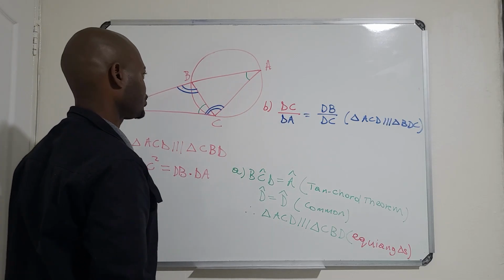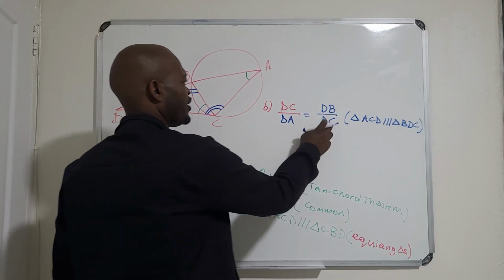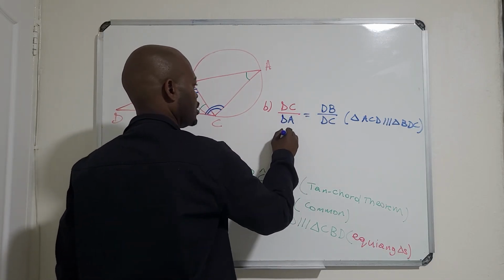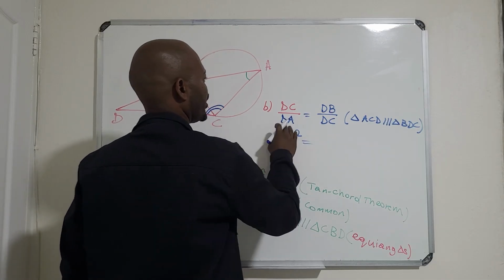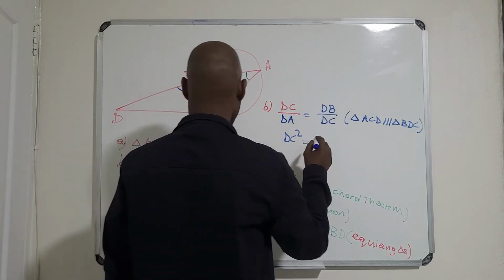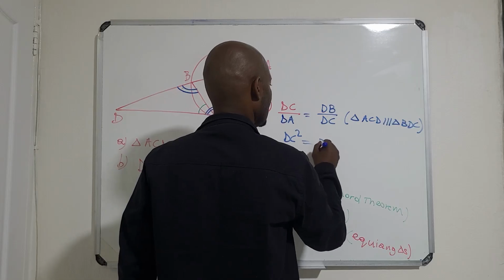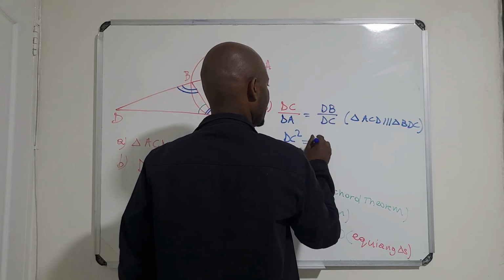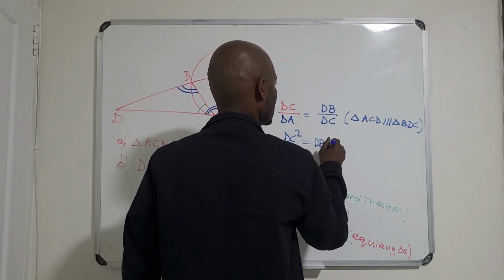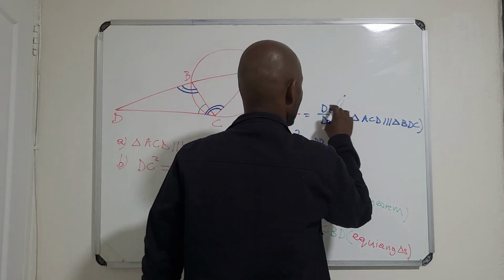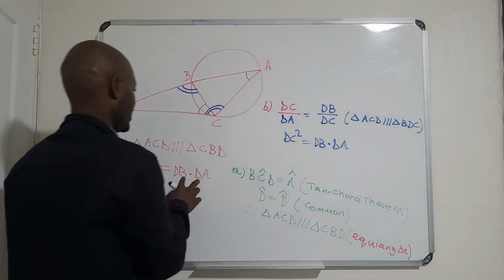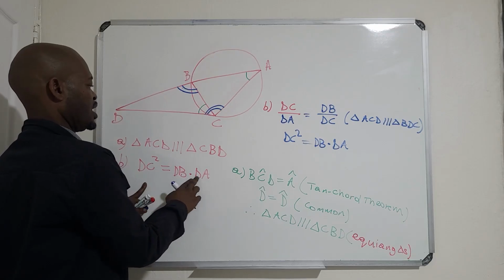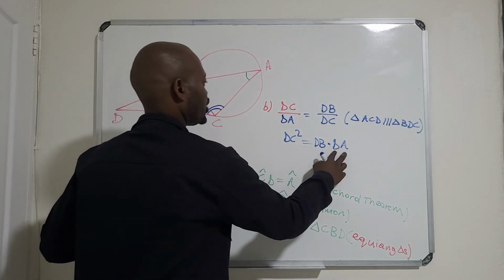Now, we can cross multiply this times this, DC squared. This times this, we're going to have DB times DA. DB times DA, which is that.